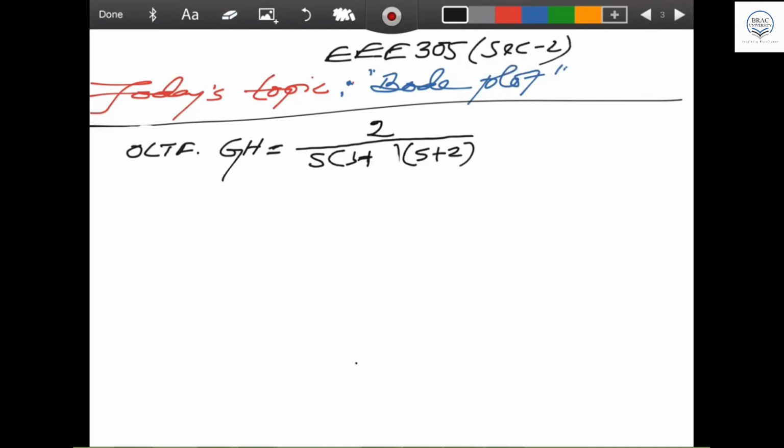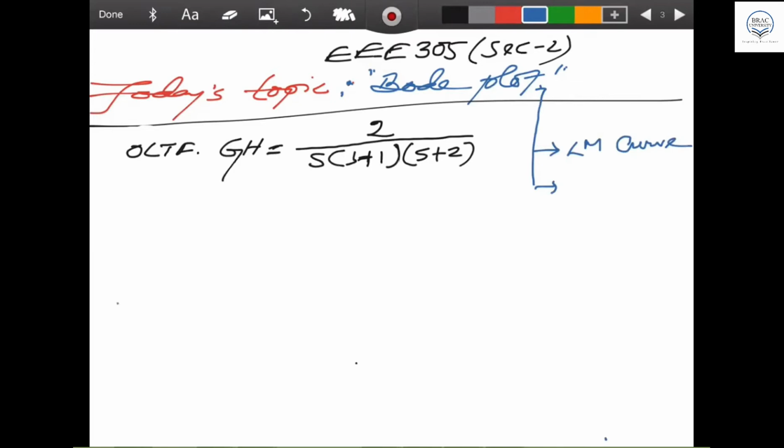If you take that example, S plus 1, S plus 2, then for the Bode plot you have to go for this example. And what is a Bode plot? By definition, the Bode plot combines two things. One is your log magnitude curve, and the other is a phase angle curve.